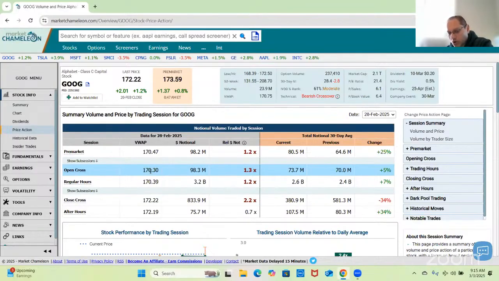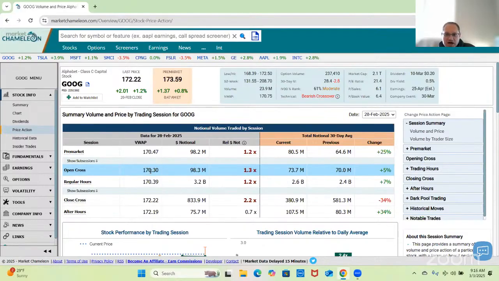So the opening price also allows us to see the interest and activity that accumulated for that opening price. These are just orders that accumulated before the market opened. And we could then see, well, what was that opening cross?